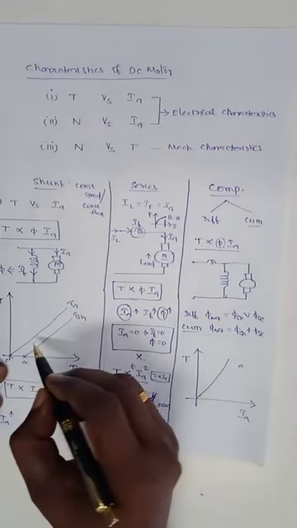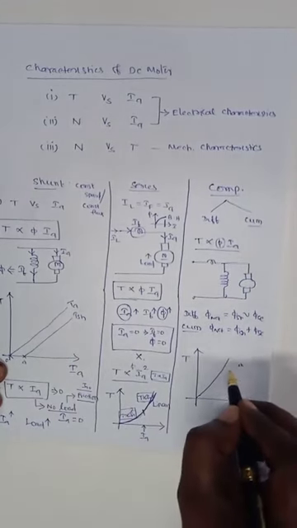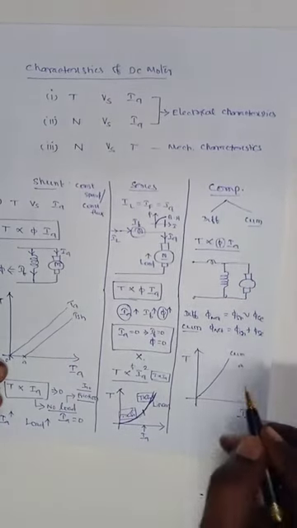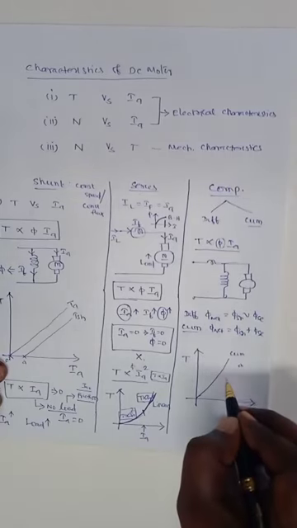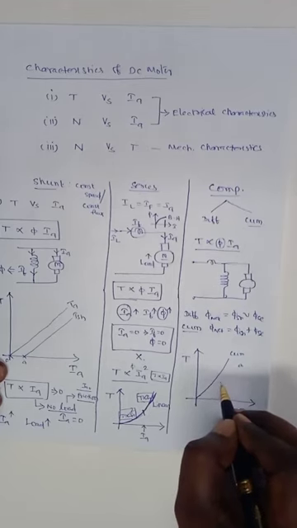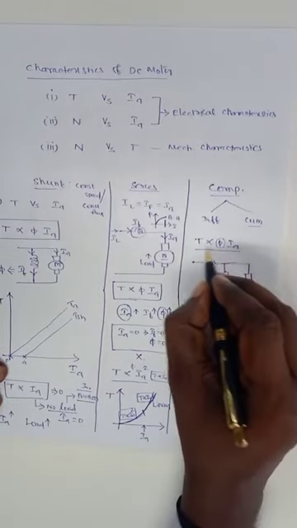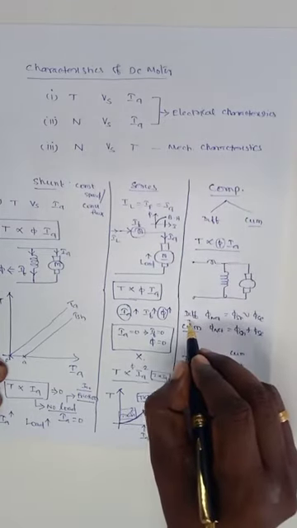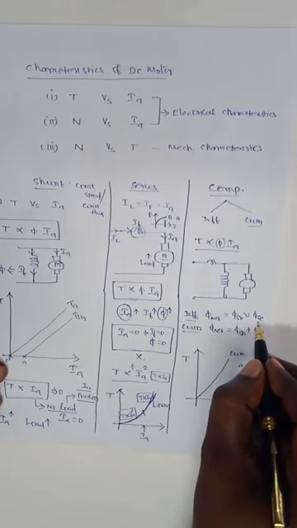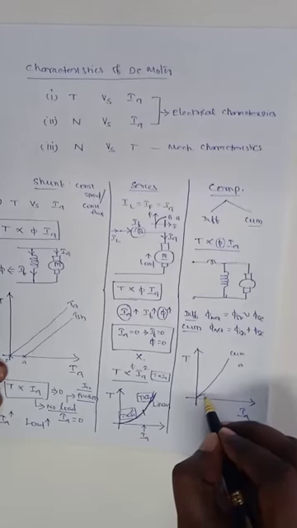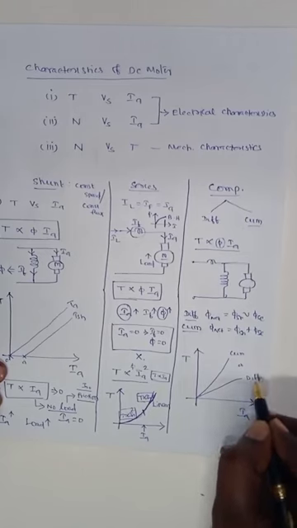This is the shunt characteristic, torque versus Ia. Like this, the cumulative compound motor will have its torque versus Ia characteristic above the shunt line. Similarly, in the differential type compound motor, the net flux is phi shunt minus phi series. Since the flux decreases, the torque value will be decreasing. So this is for the differential type.